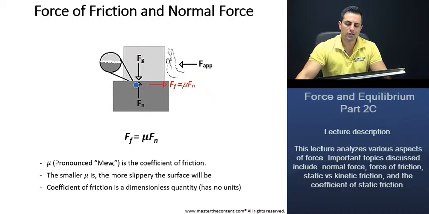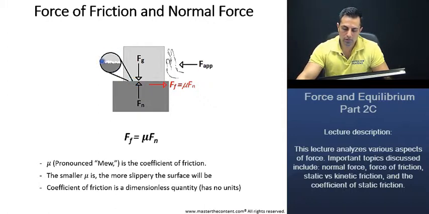Now, if you were to take a closer, zoomed in view of the two surfaces, as we see right here, what we would actually see is, when you initially place the two objects on top of each other, you're going to have microscopic connections between the two objects.